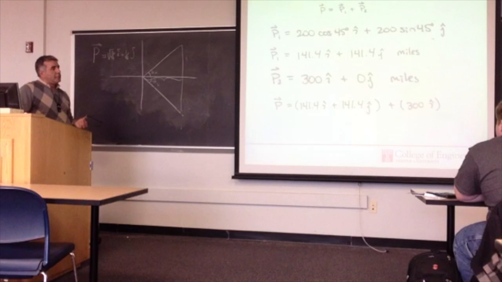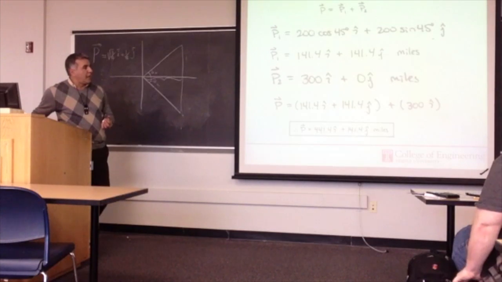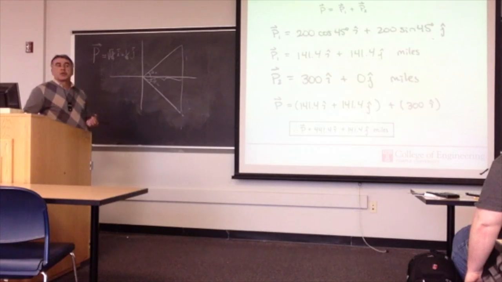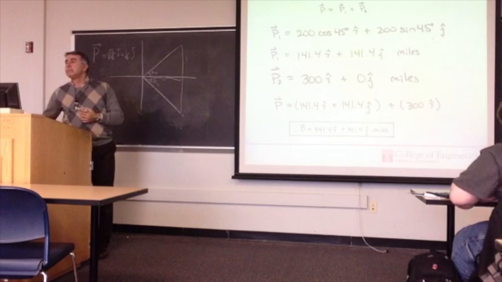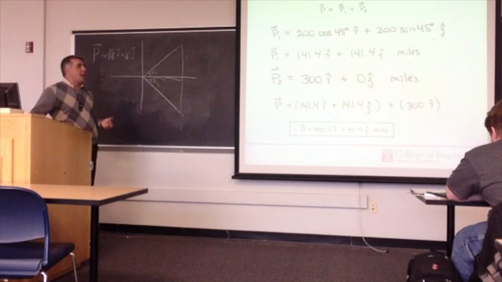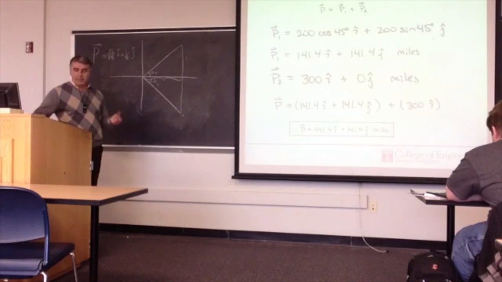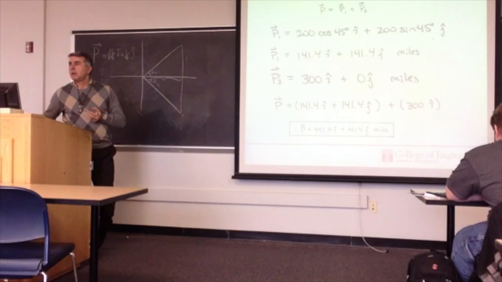Combine them, which means that P is 441.4 I and 144 J miles. So, does that mean anything to you? It's giving you the location. So it's really giving you the X and Y components of the tip. But if I tell you what is the magnitude of this, right?